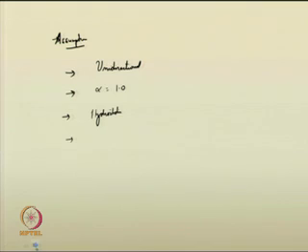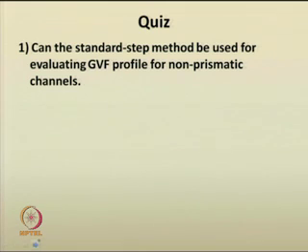So, based on the things we have discussed, we can have a simple quiz today. The first question which I would like to ask is, can the standard step method be used for evaluating GVF profile for non-prismatic channels? You can give the answer in a simple way.